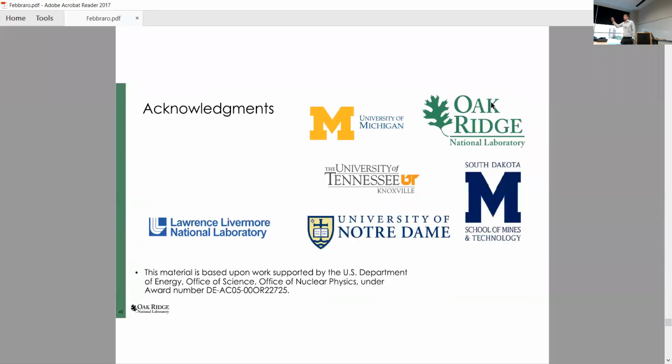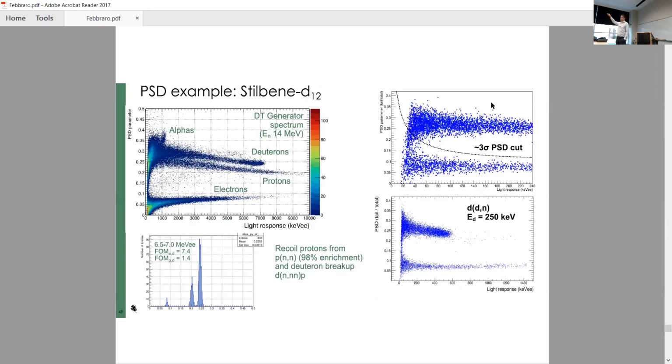It breaks up above 2.2, but the cross section really turns on above 10 MeV. So this is actually a PSD plot, deuterated stilbene, 14 MeV neutrons. And what you're seeing here is a complicated spectrum: electron recoils from gamma ray events, deuterons, our recoil peak, really nicely resolved. And then you see this. That's deuteron breakup.